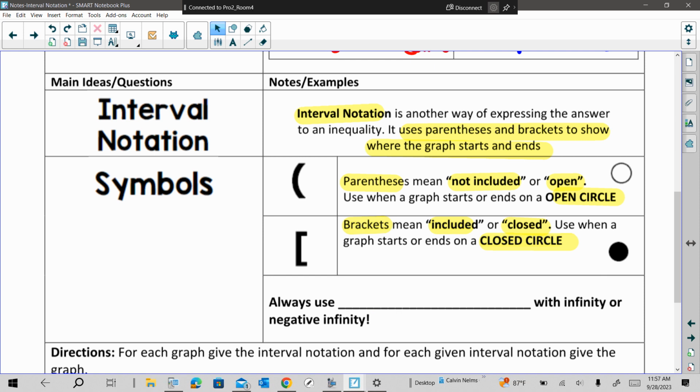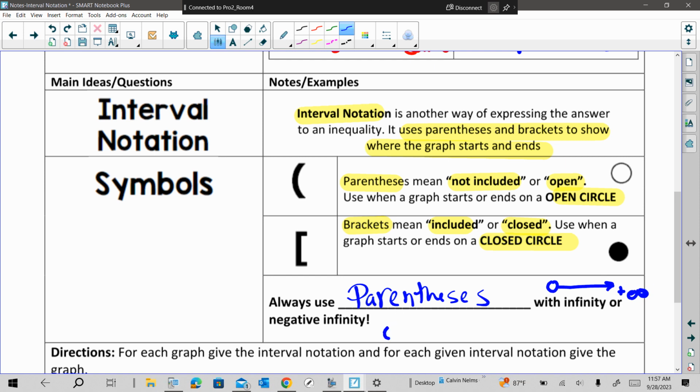Now, we always use parentheses for infinity. For example, let's say I had an open circle pointing to the right. Everything to the right are positive numbers on the number line. So that indicates positive infinity.